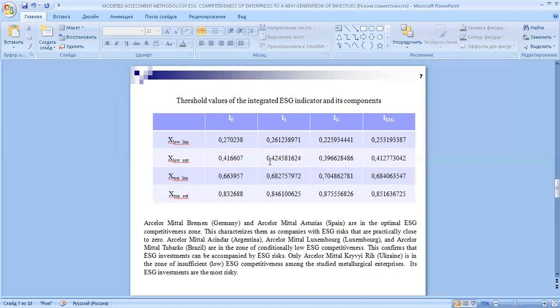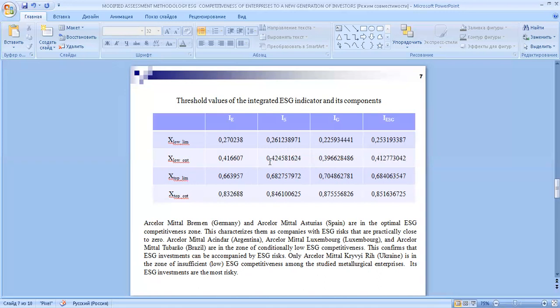This confirms that ESG investments can be accompanied by ESG risks. Only ArcelorMittal Kryvyi Rih, Ukraine, is in the zone of insufficient ESG competitiveness among the studied metallurgical enterprises. Its ESG investments are the most risky.